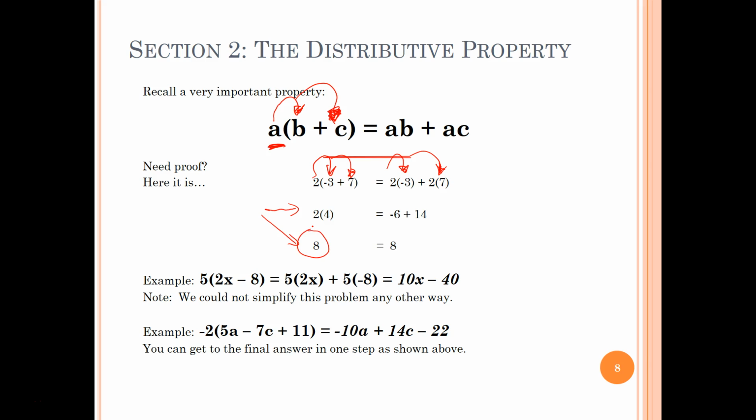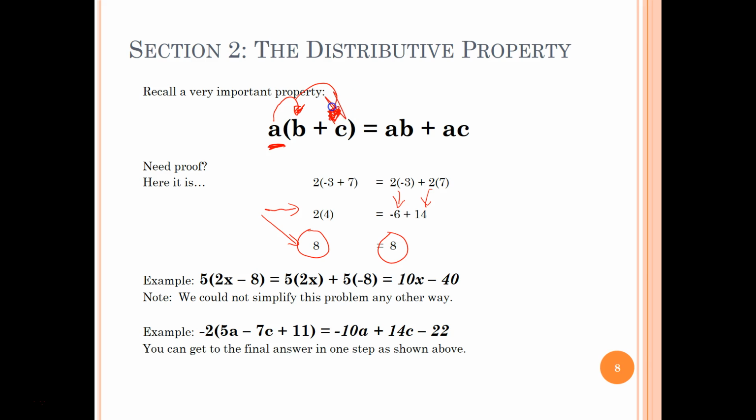If we use the distributive property in this case, notice that -6 plus 14 also gives us 8. So it's true to see, just looking at constant numbers, that this distributive property works.